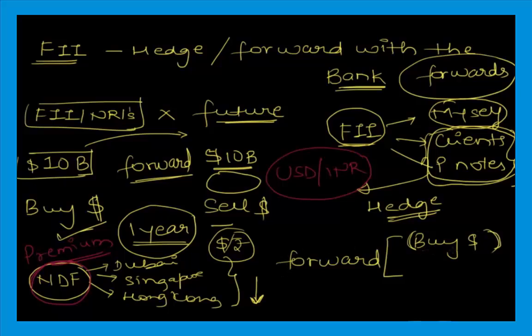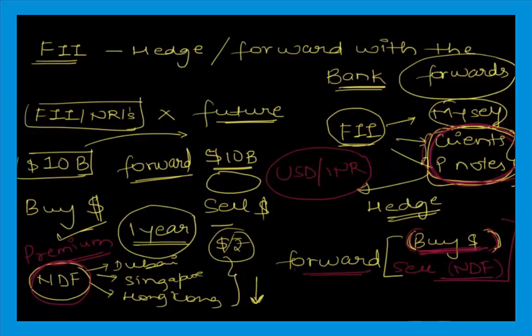The FIIs were actually buying dollars on behalf of the client and P note holders in India, which RBI thought that the clients and P note holders are unaware of. They have bought dollars in the Indian forward exchange, and they were selling dollars in the NDF in Singapore, Dubai, and Hong Kong, because NDF was trading at a premium to the Indian exchange because of huge rupee depreciation.